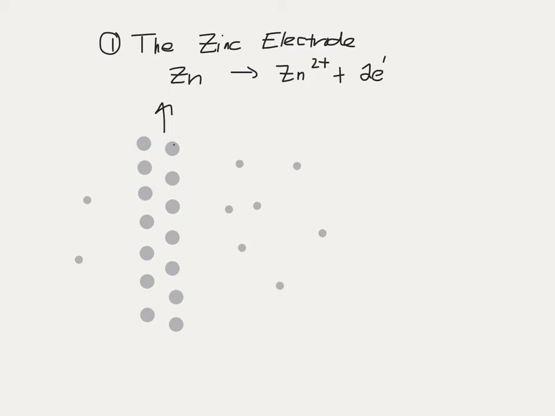So let's say this little zinc has 2 electrons. If we zoom in very, very far, we can see from a model what would happen to the size of the zinc. Electrons make up most of the space in an atom.